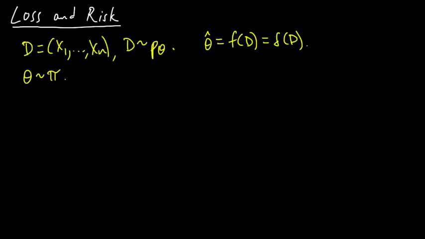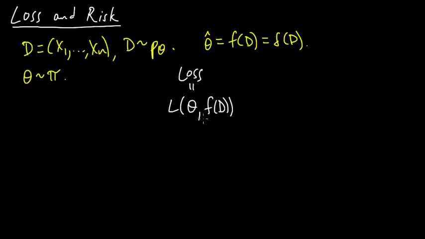Okay, so everything begins with the loss. We have some loss function. Let's put loss equals L of theta and theta hat. And actually, theta hat is f of d, so to emphasize the dependence on d, let me put f of d here.